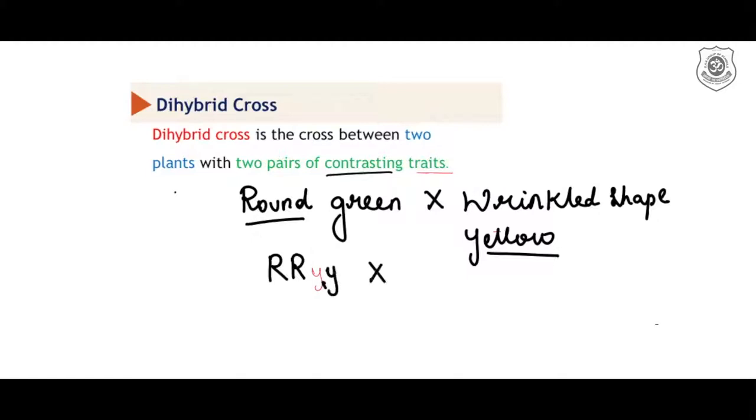When this is crossed with wrinkled, the wrinkled shape is not dominant, so it is denoted with small r, small r. Yellow is the dominant color of a seed: capital Y, capital Y. When plants with these two genotypes are crossed, that will lead to an F1 generation which has capital R, small r, capital Y, small y.